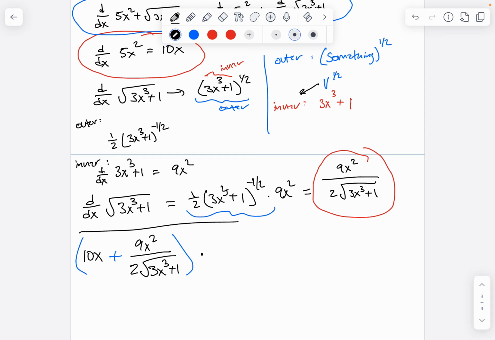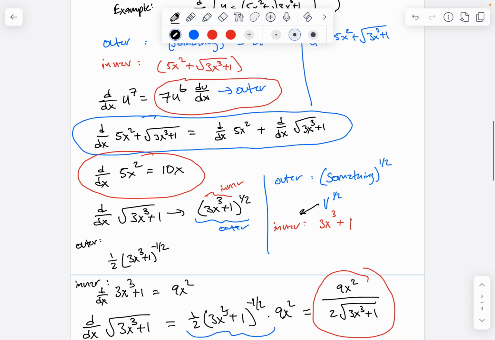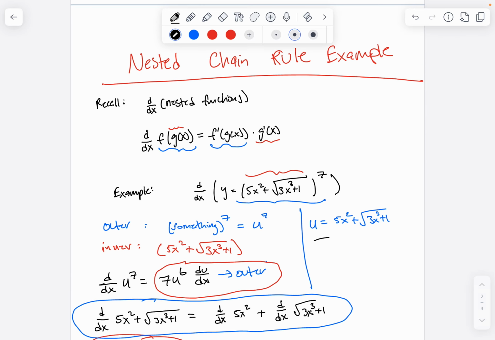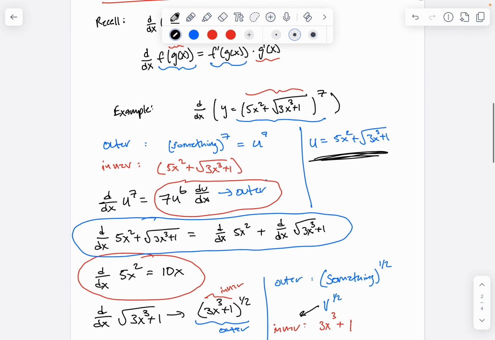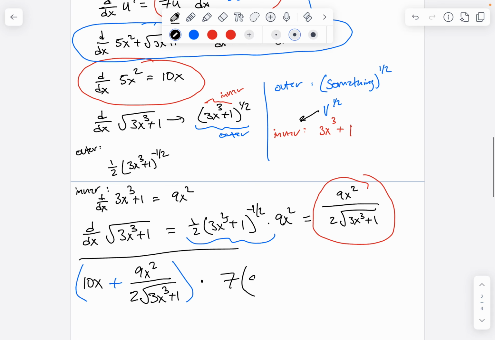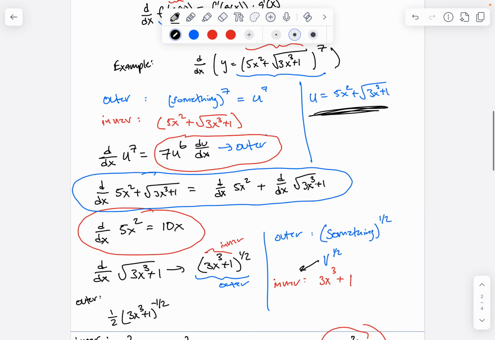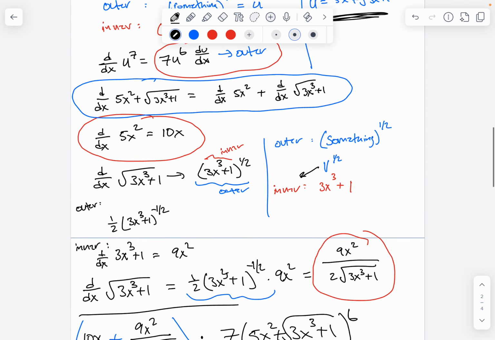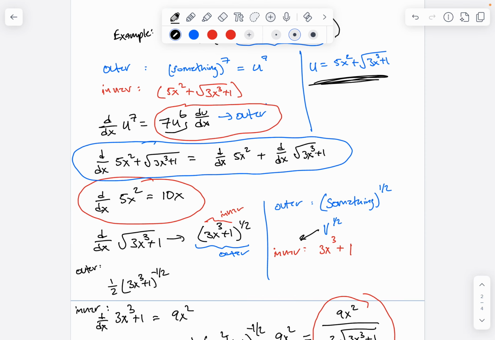And then we're going to multiply this by the original outer, which is 7u to the 6. And remember, u is the original inner function, which is 5x squared plus the square root of 3x cubed plus 1, all to the 6th, because 7u to the 6.